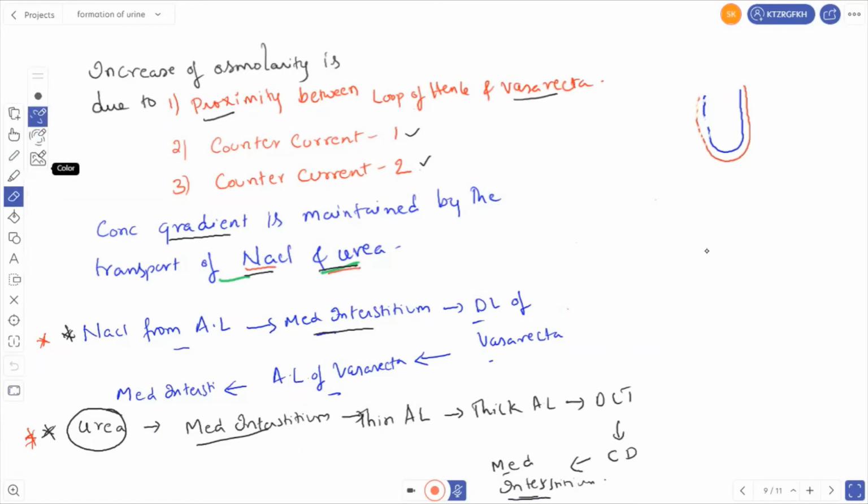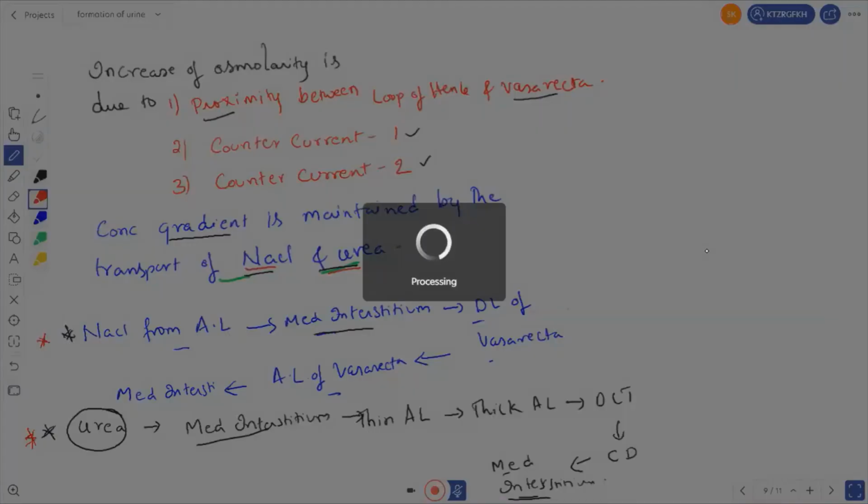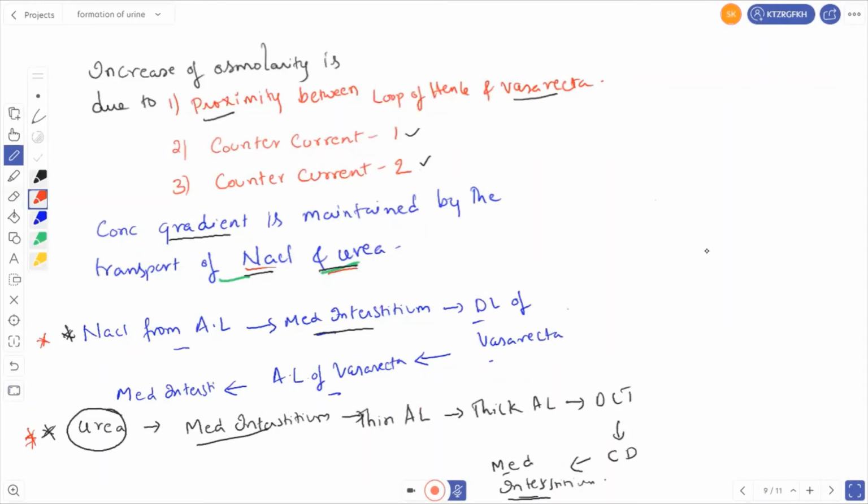I'll go for a better diagram to explain this one, so it will be easy for us to understand. I'll draw a single line so that it will be easy. So this one is the loop of Henle.